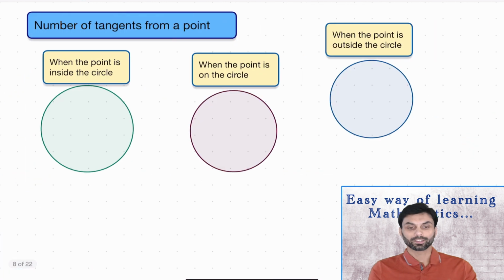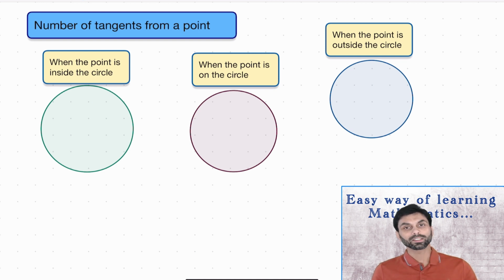Moving to the next part, we'll talk about the number of tangents from a point. As we have seen what a tangent is, let's talk about how many tangents can be drawn to a circle from a point. When a point lies in a plane with respect to a circle, the point can lie either inside the circle, on the circumference of the circle, or exterior to the circle.